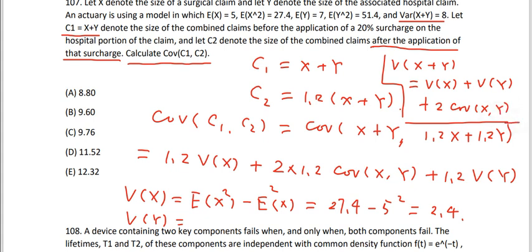So we let this equal 8. We know Vx, we know Vy, then we can find covariance for x and y. Then finally we can plug in and find covariance for C1, C2.